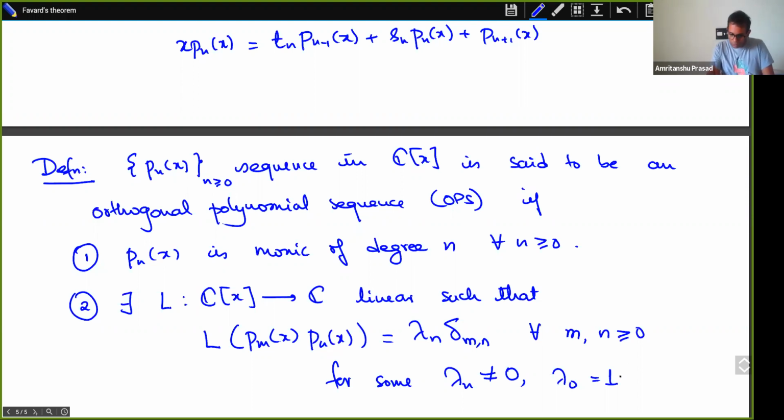So this is the usual definition of orthogonal polynomial sequence.